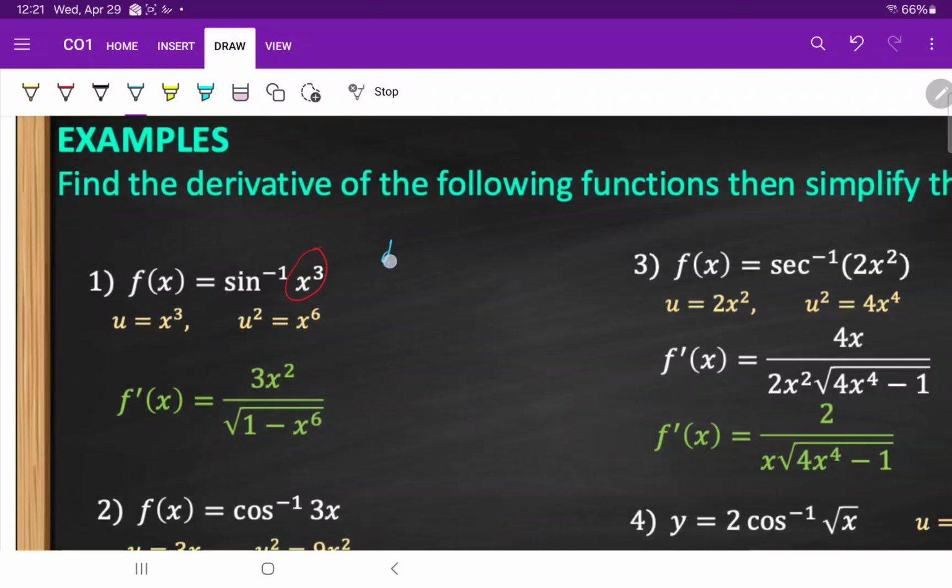The derivative of arcsine of u is equal to du dx over the square root of 1 minus u squared. We know that u is x cubed. So in the numerator, the derivative of x cubed is 3x squared. In the denominator, you have 1 minus u squared. When you square x cubed, it is x to the 6. So we get this one.